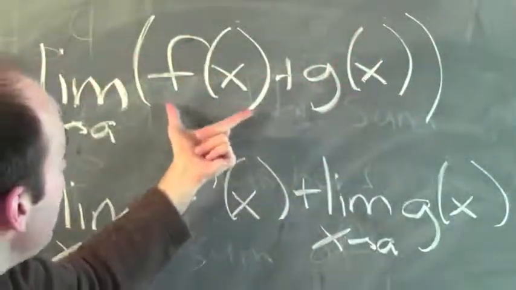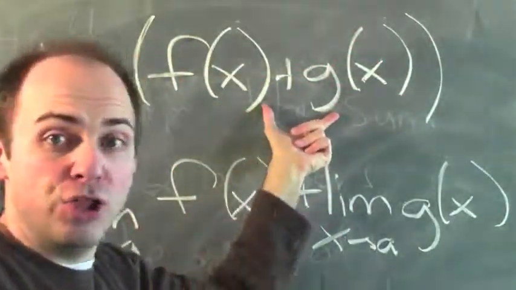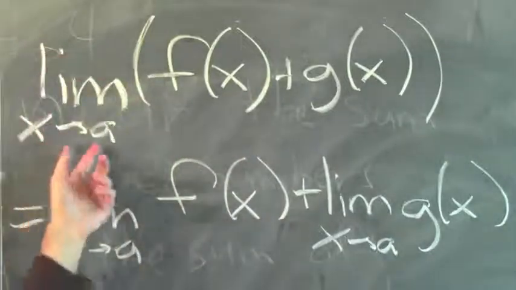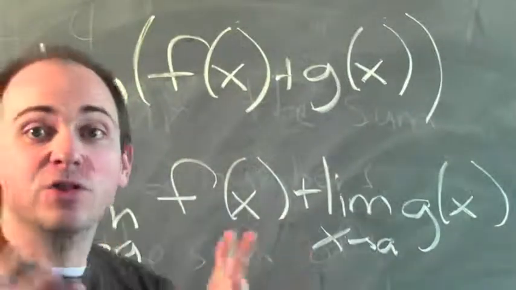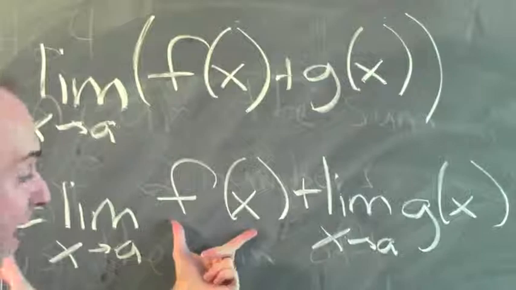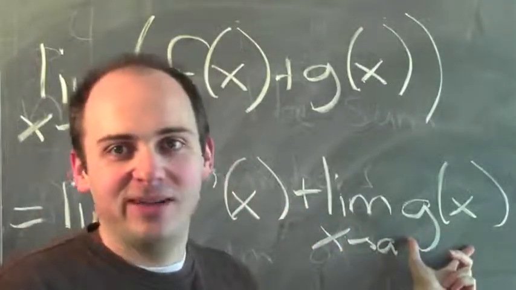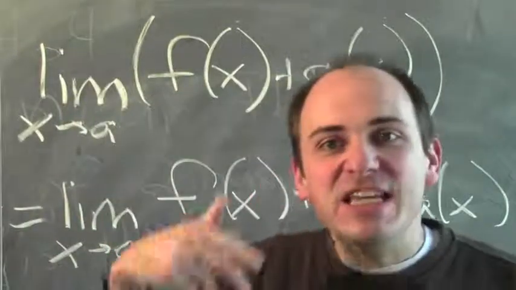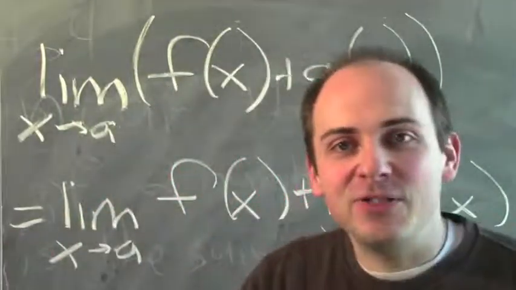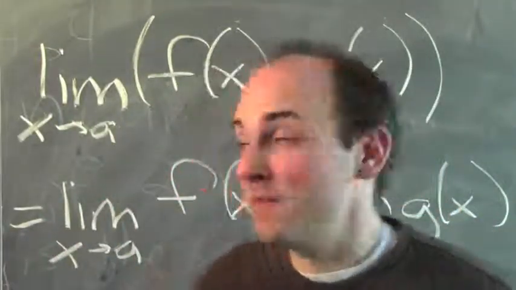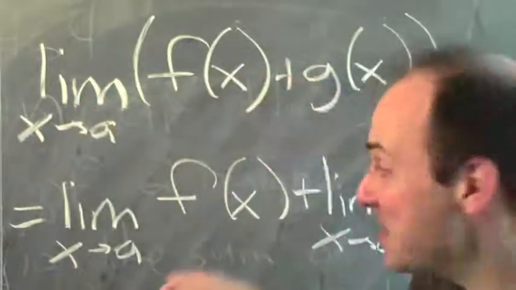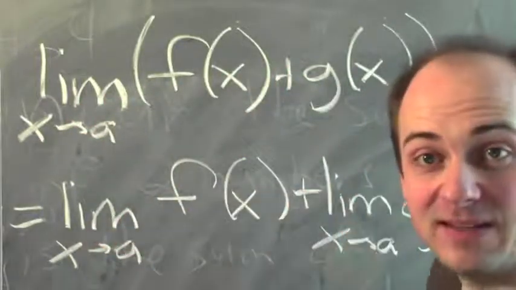This is saying what can I make f of x plus g of x close to if I'm willing to make x sufficiently close to a? Well, it's going to be close to whatever I can make f of x close to, added to whatever I can make g of x close to. It's the same kind of setup. Near the sum of two values is the sum of the nearby values. So the limit of a sum is the sum of the limits.